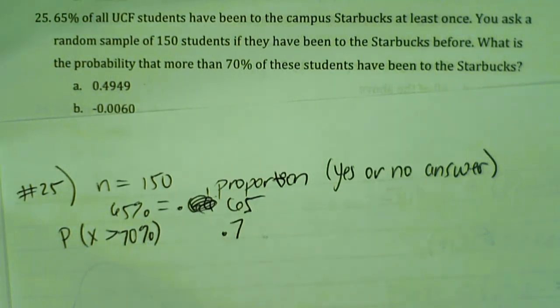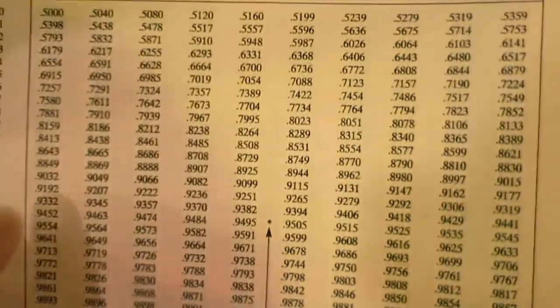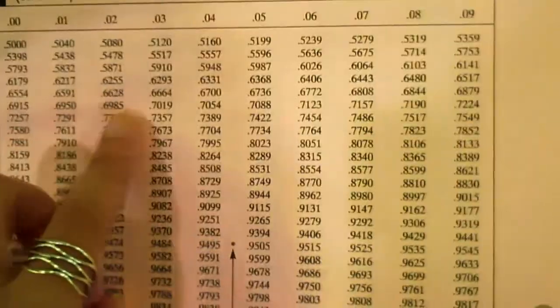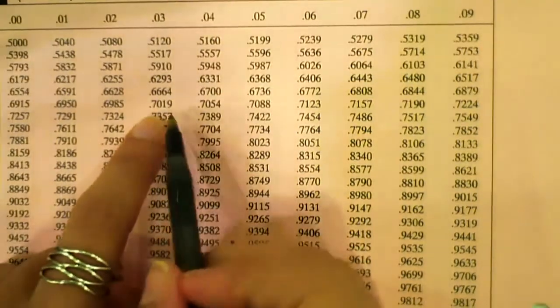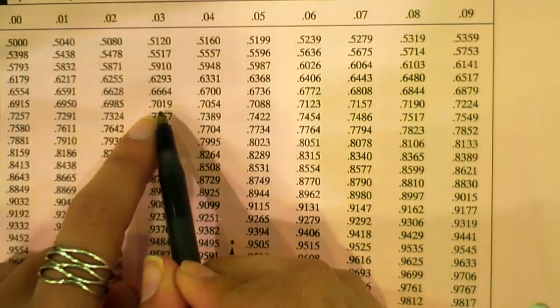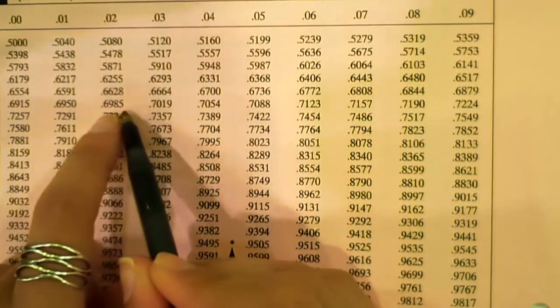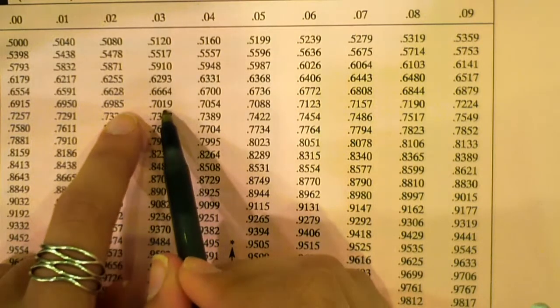So if we try to look for 0.7 on here, the thing closest to 0.7 seems like it would be, let's see, that's 15 versus 19.